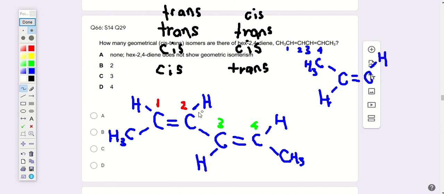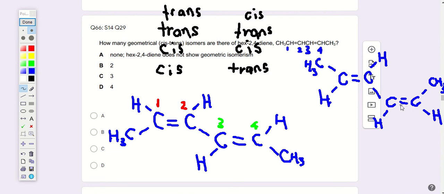So I change the left hand side from cis to trans. Now I need to change the right hand side from trans to cis. Now, this is cis and trans, and this is trans and cis.